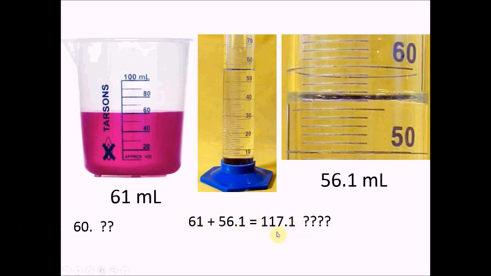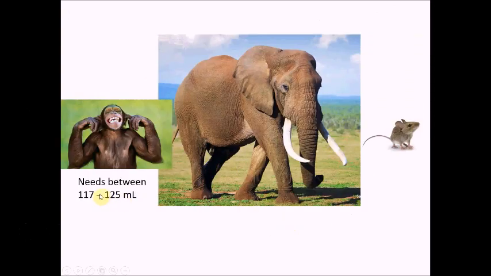Is it fair to say that? Is it valid to say that we have 117.1 milliliters total? And the answer is it's not. Certainly can't be if this one was originally a guess. So if it should have been, let's say, 60, and this was a guess, then we would really have had about 116 milliliters, which if we went back and looked at our range, well, 116 would not have been enough to tranquilize the monkey.